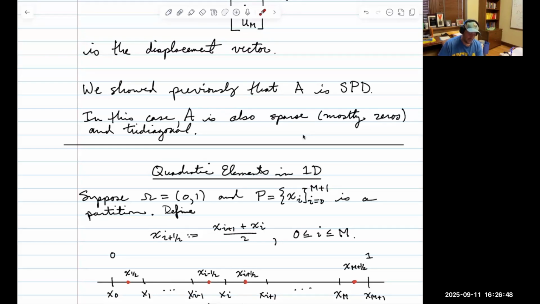So one thing this tells you is that when you're coding, you want to take advantage of the fact that there are lots and lots of zeros in your representation of the stiffness matrix. You don't want to actually ever write out a zero, which you know is going to be a zero.